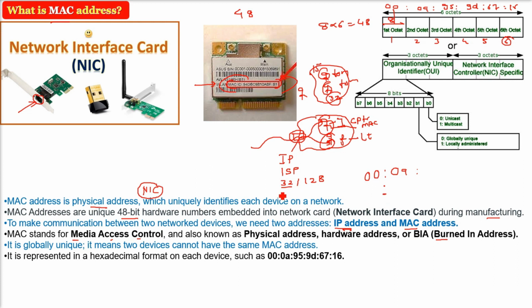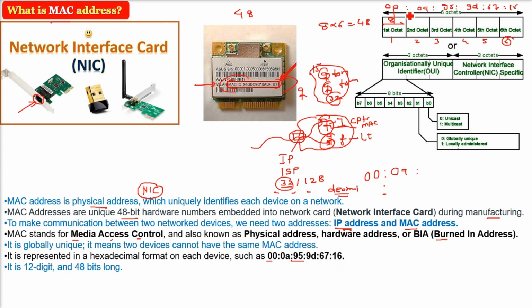The important thing is that in an IPv4 address, these are dotted decimal, that is, the values separated by dots are in decimal. But in MAC, it is hexadecimal. It can be separated by colon, dot or hyphen.